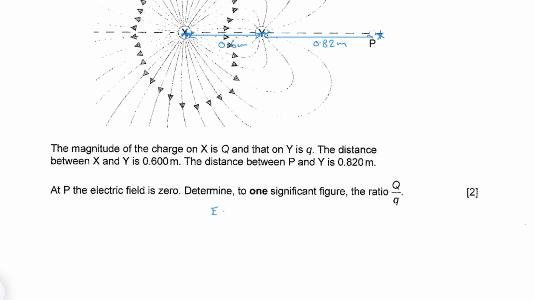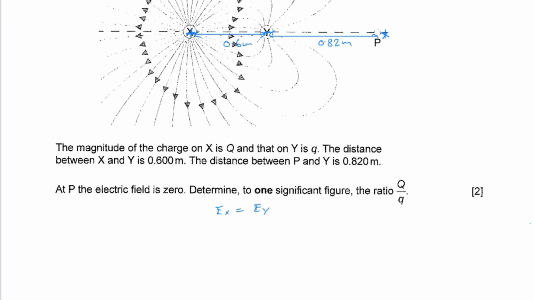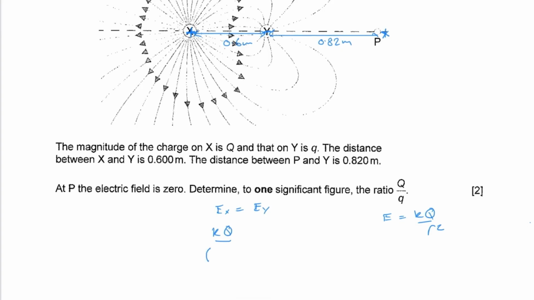So EX equals EY. We're going to use the equation for the radial field strength, which is kQ over r squared. So EX is equal to kQ, X is Q, over the distance from X to point P, which is 0.6 plus 0.82 all squared.